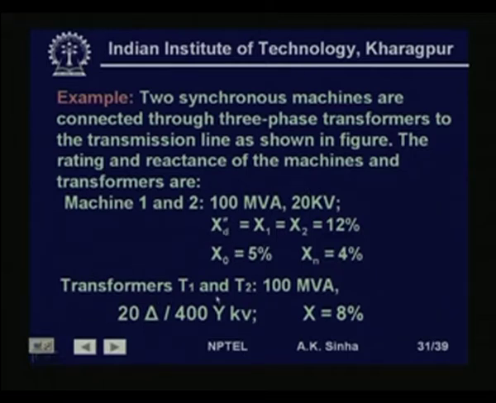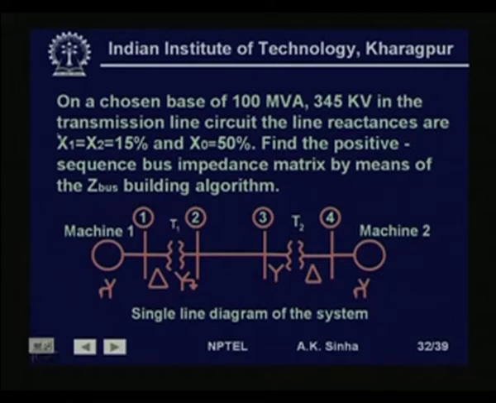The transformers T1 and T2 are 100 MVA transformers, which is the base we will choose as 100 MVA only. The transformers are 20 kV delta to 400 kV star, and the reactance is 8%. On the chosen base of 100 MVA, 345 kV in the transmission line circuit, the line reactances are X1 equal to X2 equal to 15% and X0 is 50%.